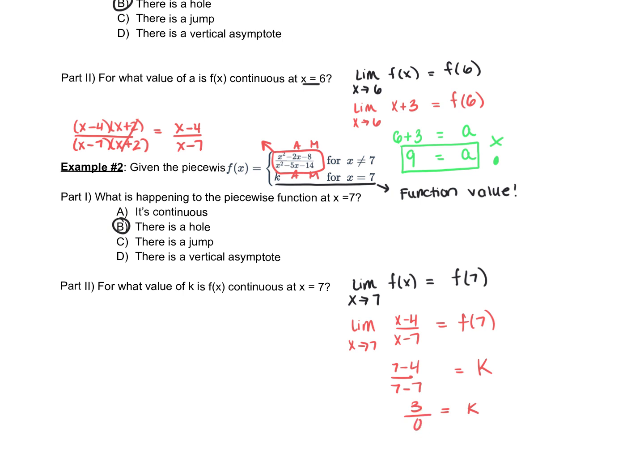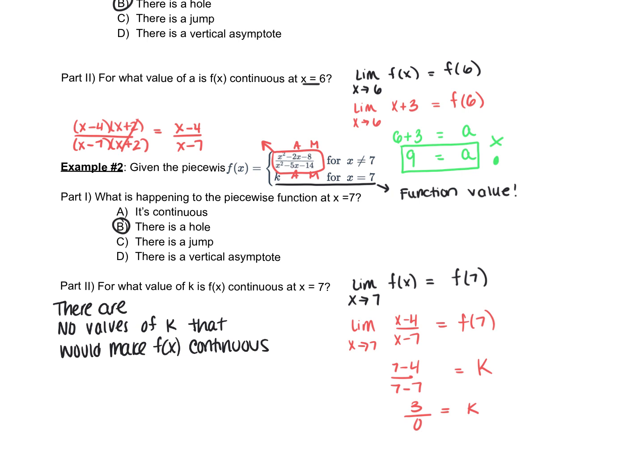So the conclusion that we can make here, when it asks for what value of k would f of x be continuous, you could say there are no values of k that would make f of x continuous. So, a complete sentence: there are no values of k that would make f of x continuous. All right, let's move on to the back.